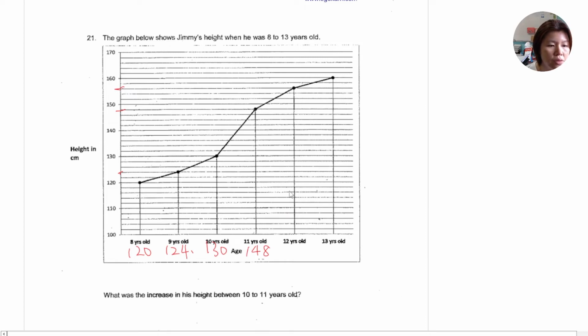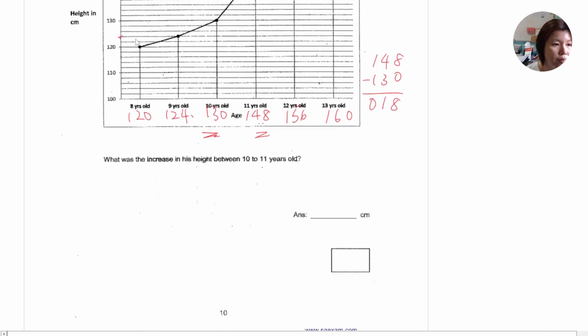Okay, so for 12 is 156 and 13 is 160. So the question is asking what was the increase in his height between 10 to 11. So 10 to 11, so it's 148 minus 130. So the answer is 18.